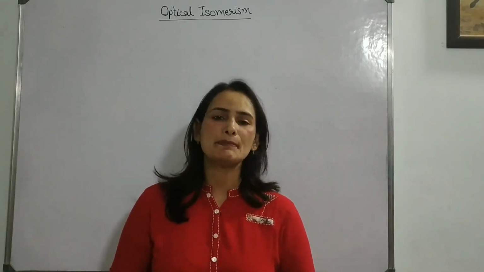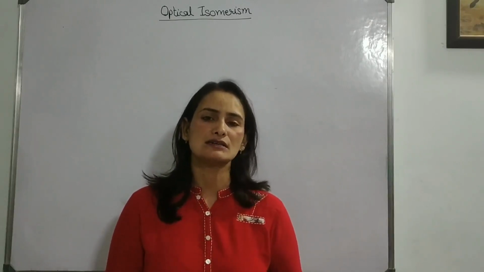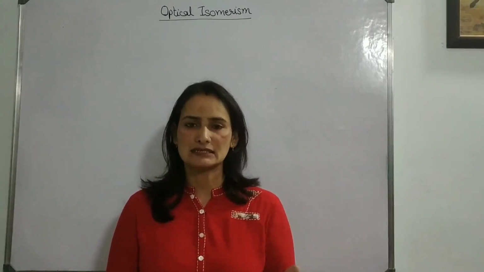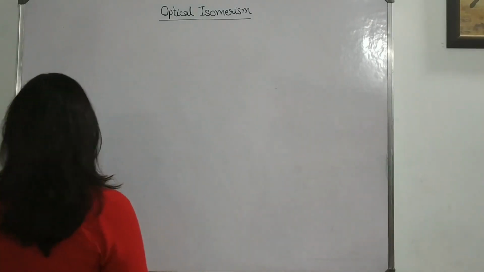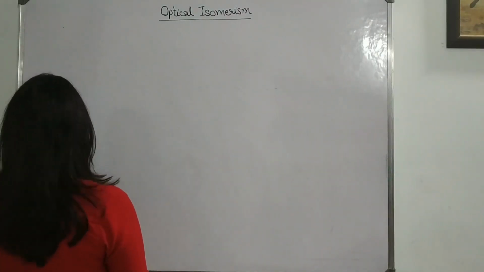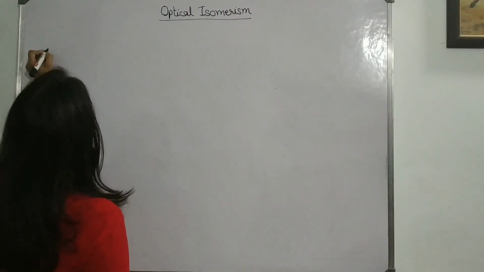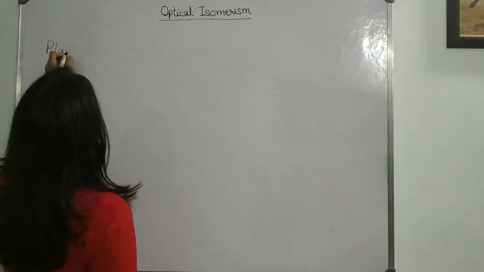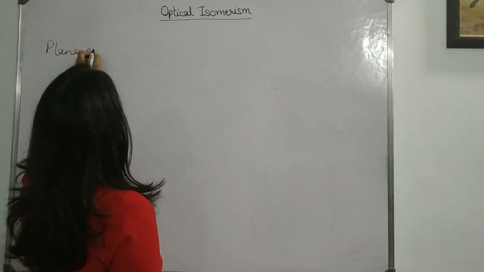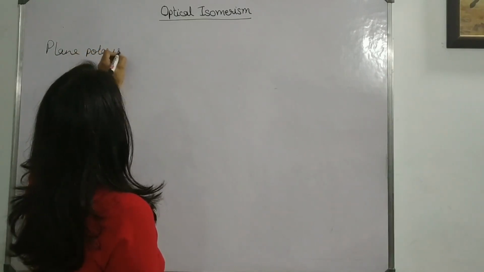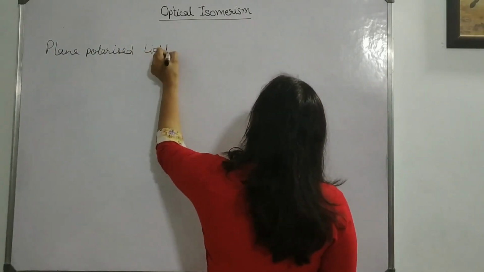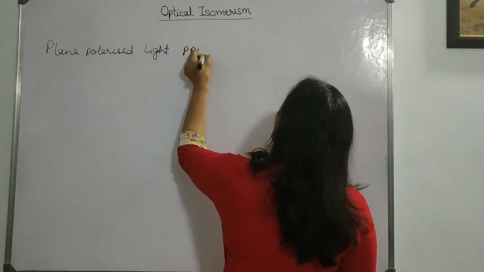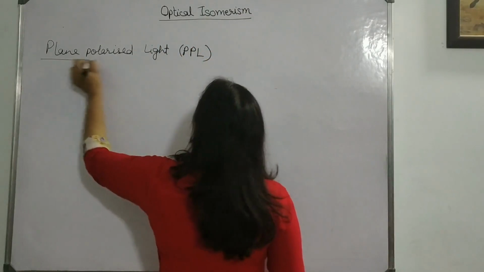Now, what is the PPL and how does a compound become optically active? I will show you every detail here. First of all, what is the PPL? PPL means plain polarized light. How do we form the PPL?